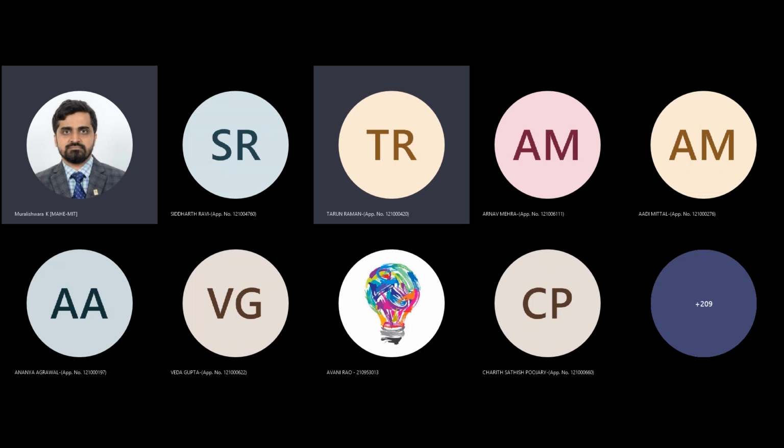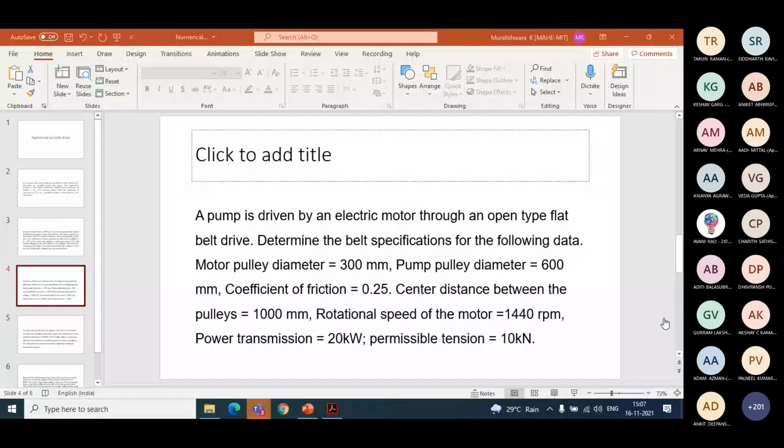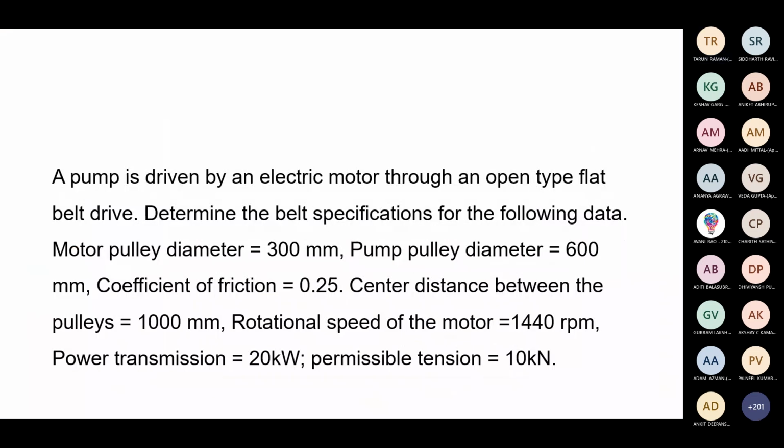Only tension 10 kilonewton is given. Permissible tension should always be given. You solve the question according to the data given to you. Permissible tension will always be given per unit length, right, in general.